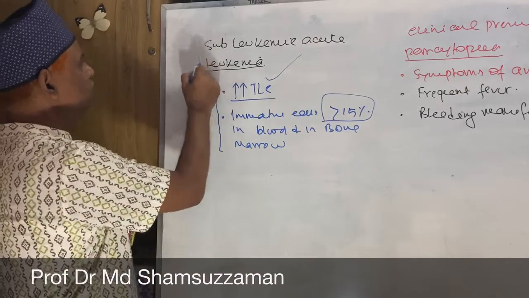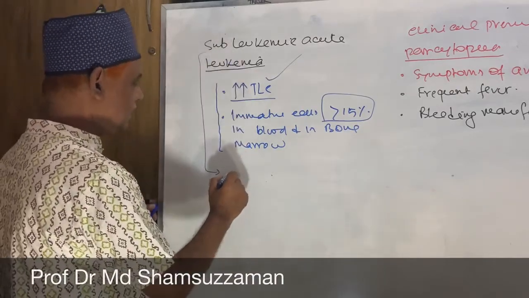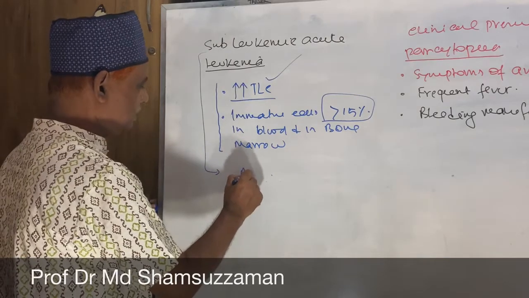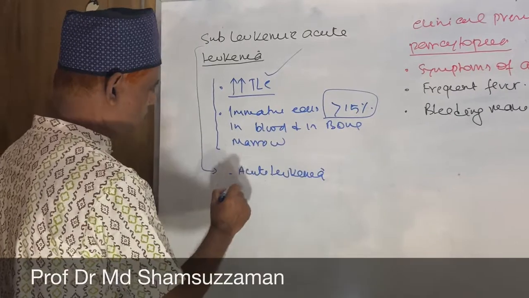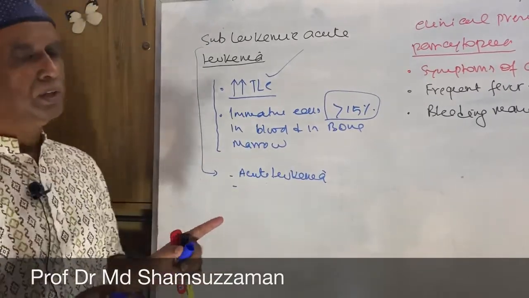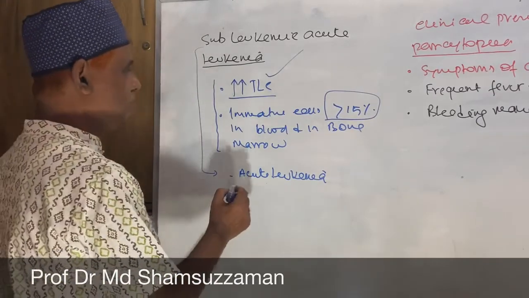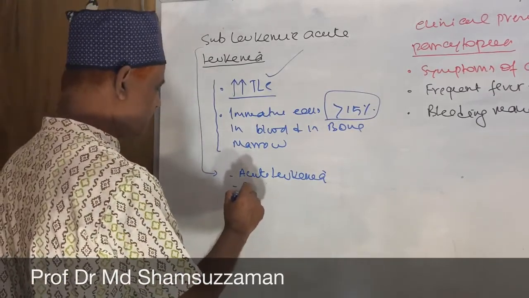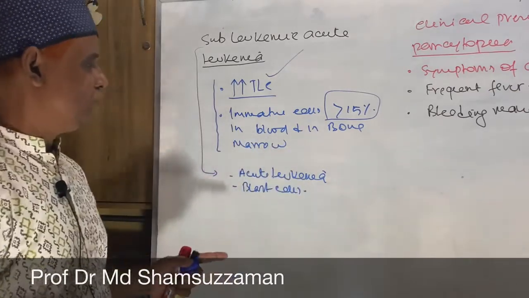What about subleukemic leukemia? In case of subleukemic acute leukemia, it is an acute leukemia, and in this leukemia there are blast cells in peripheral blood film and in bone marrow, either lymphoblast or myeloblast.